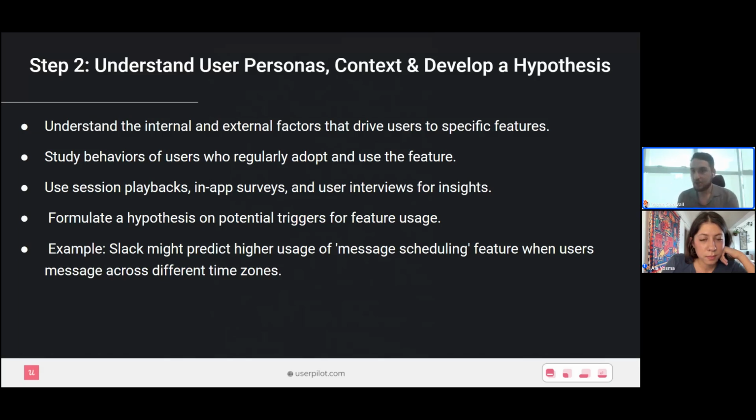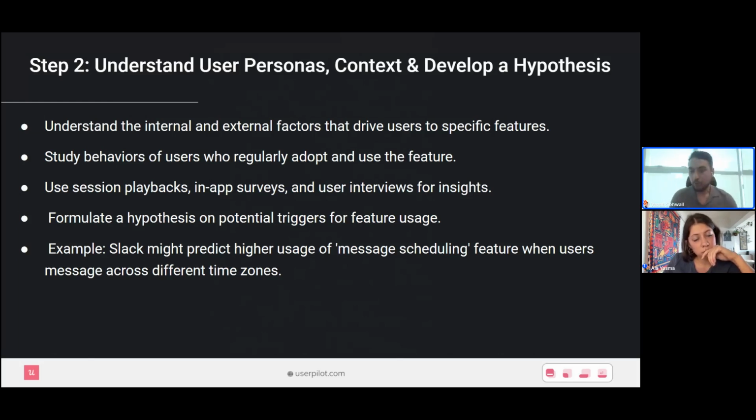At that stage, you would want to start formulating a hypothesis for that specific feature. These are the users, these are the segments that are using it the most. This is how they're using it. These are the reasons why they're using it. That's the whatever external or internal factors that are happening.